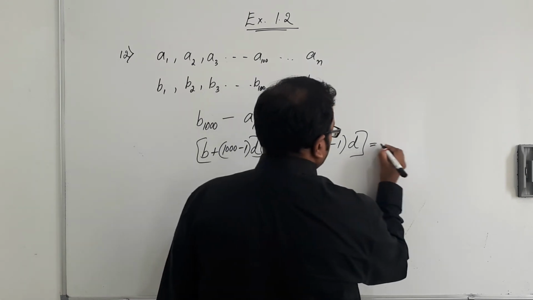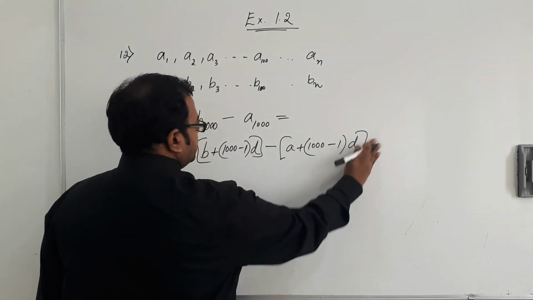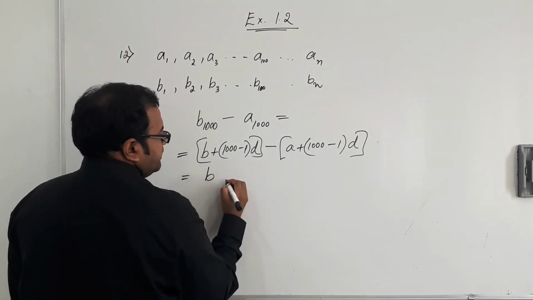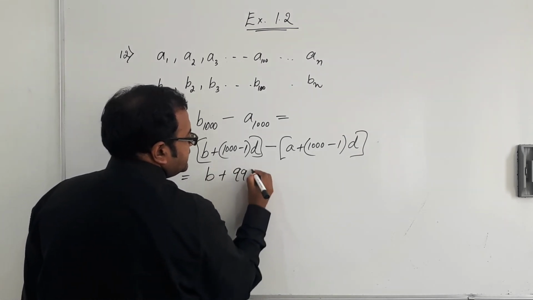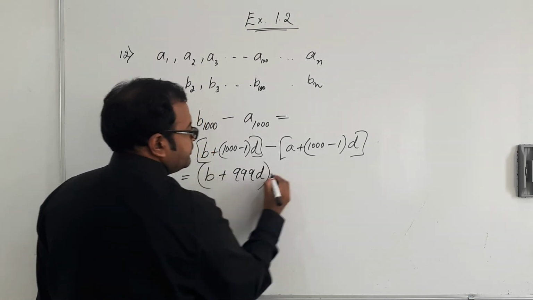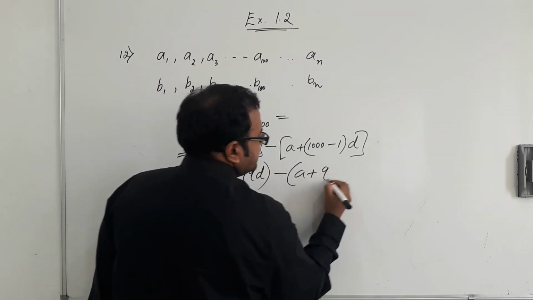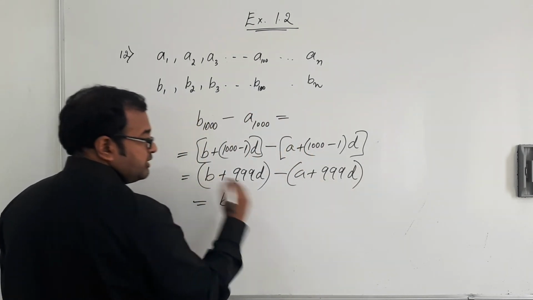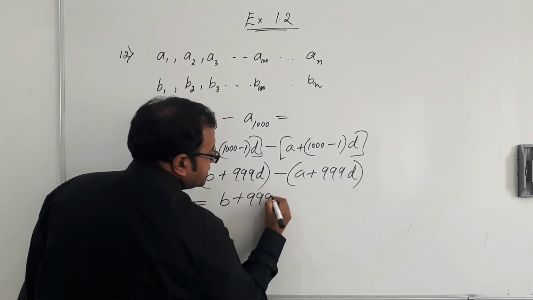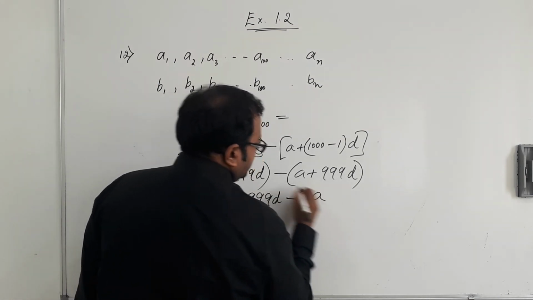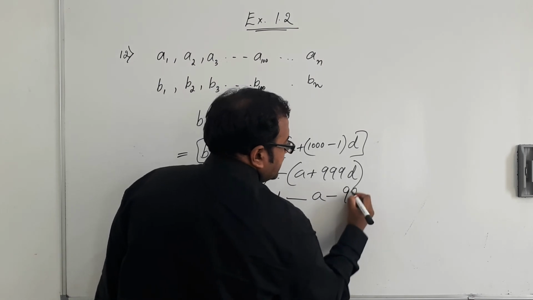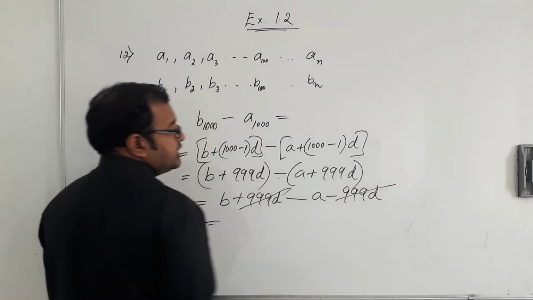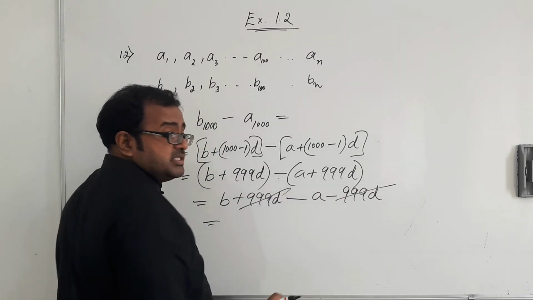We have to find out what this equals. Further, B plus 999d minus the bracket A plus 999d, which is equal to, removing the brackets, B plus 999d minus A minus 999d. The 999d cancel, because both are same with opposite signs.